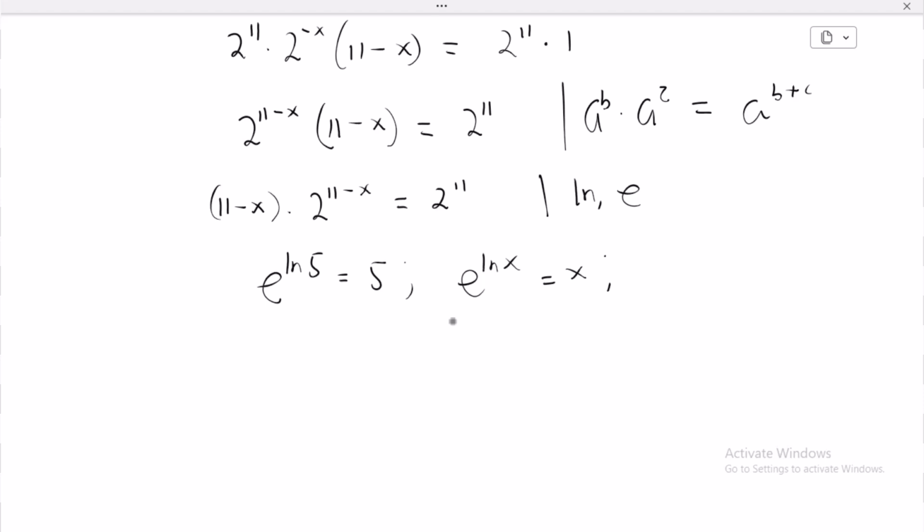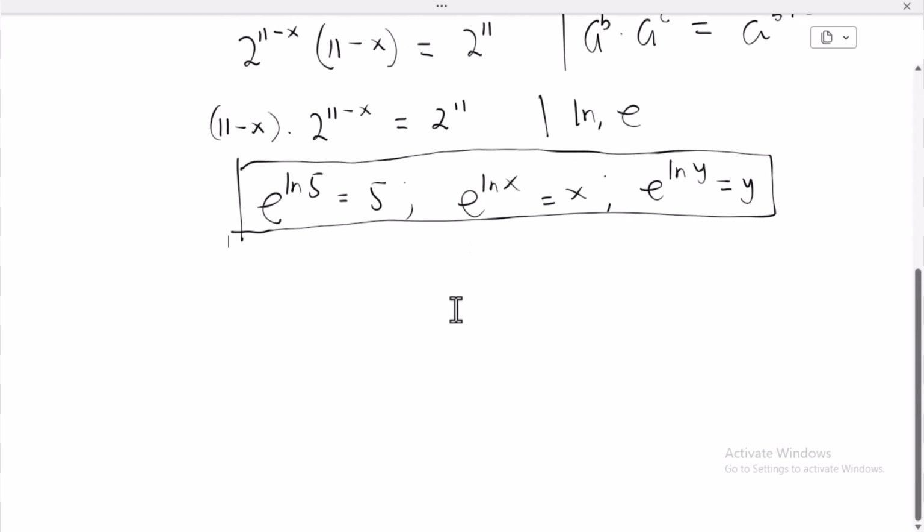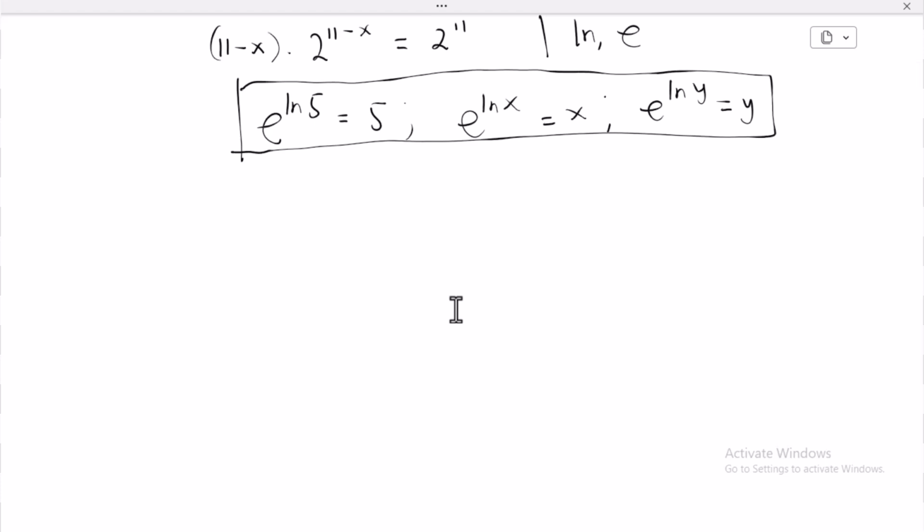Another one, let's say we have e to the power natural log of y, that should be equal to y. With that being said, we can introduce the natural log into the equation.